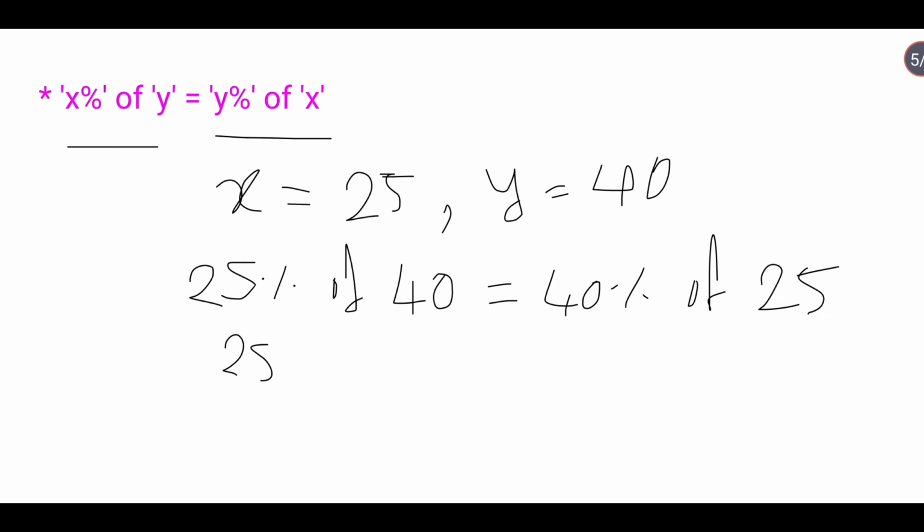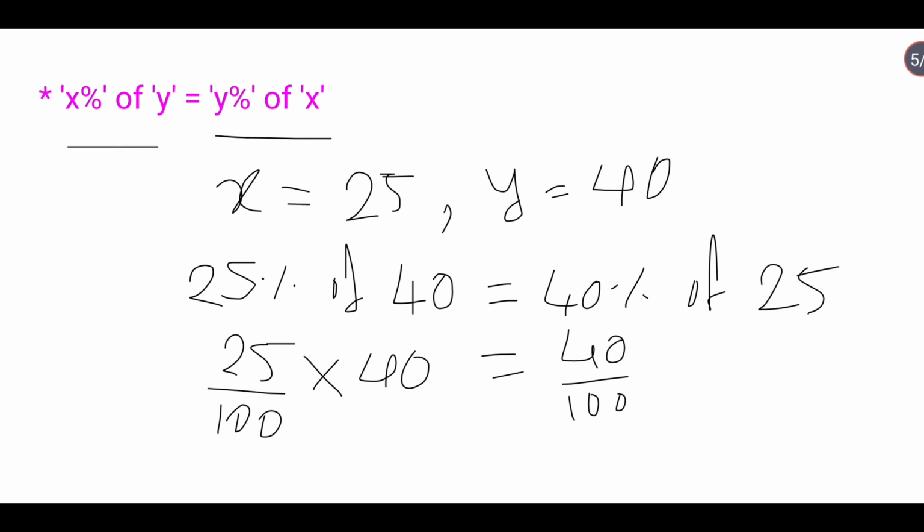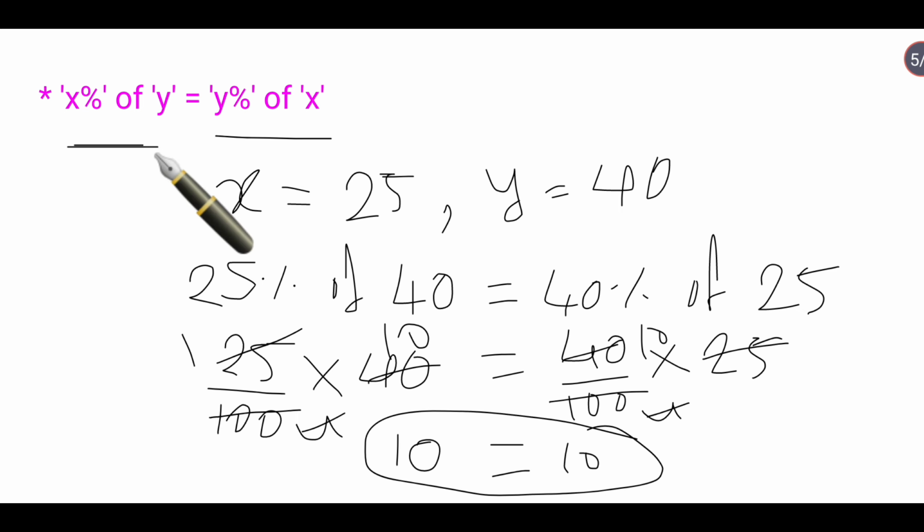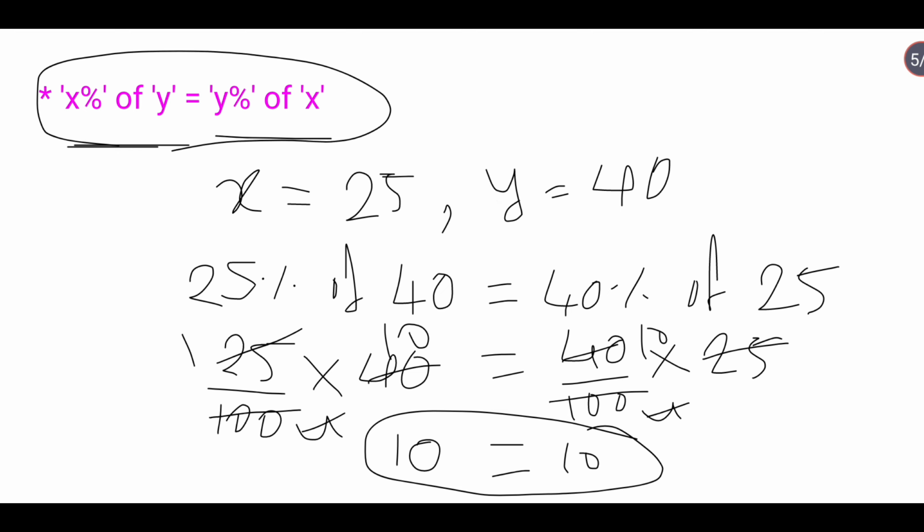So 25 divided by 100 into 40 is equal to 40 divided by 100 into 25. 25 ones are 25, 4 tens are 40, that is 10. Here also the answer is the same. So always x percent of y is equal to y percent of x.